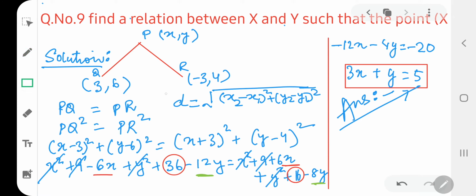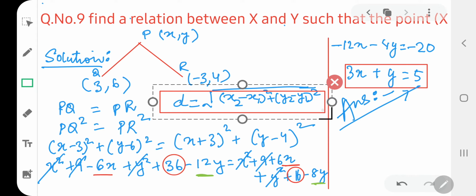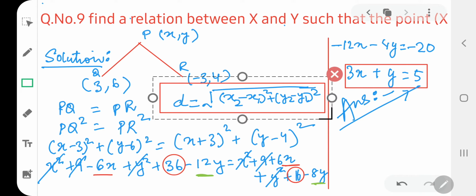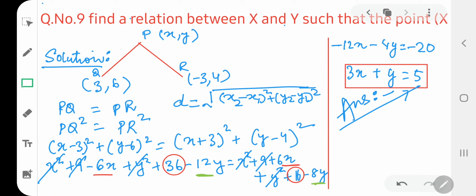Now apply this formula, children. Apply this formula. So let's apply this formula to find out the relation between x and y.